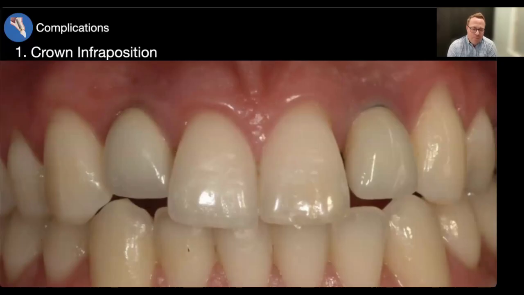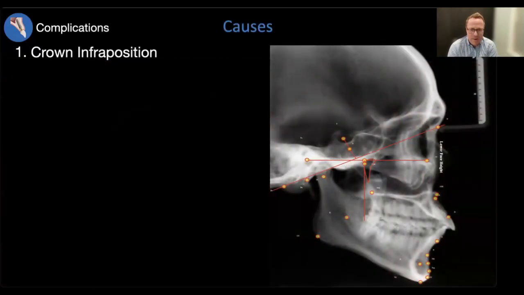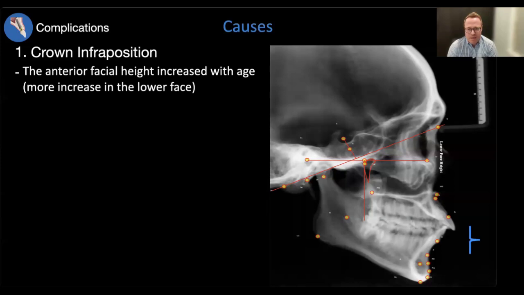Then, many years later, a patient can present like you see here, where there is a difference in the incisal edge position of the lateral incisor versus the central incisor. This is crown infraposition. It is caused by the fact that we continue to have facial growth throughout our whole life. And I think most of the time we think this facial growth only happens in those initial teenage years, basically.